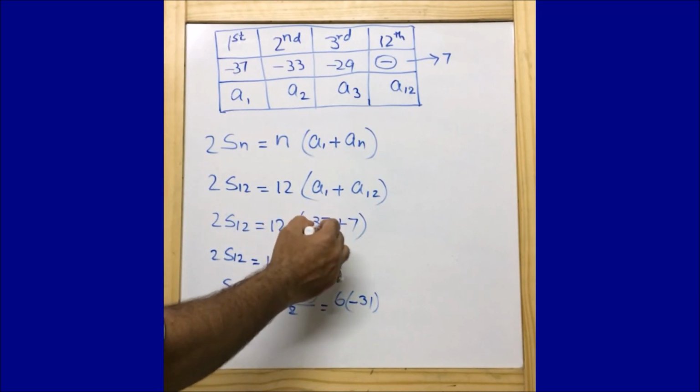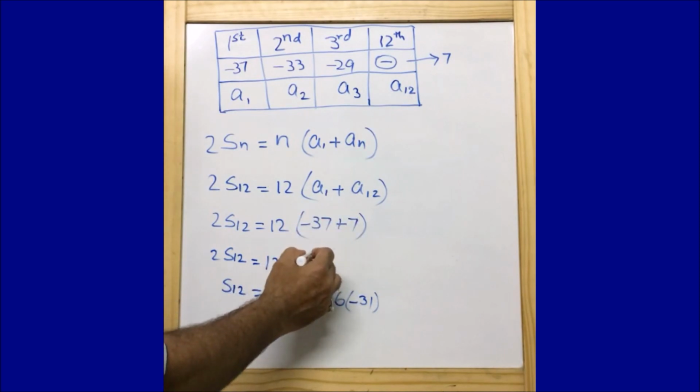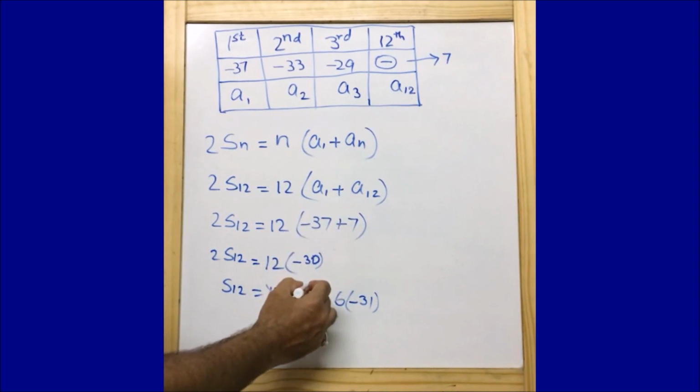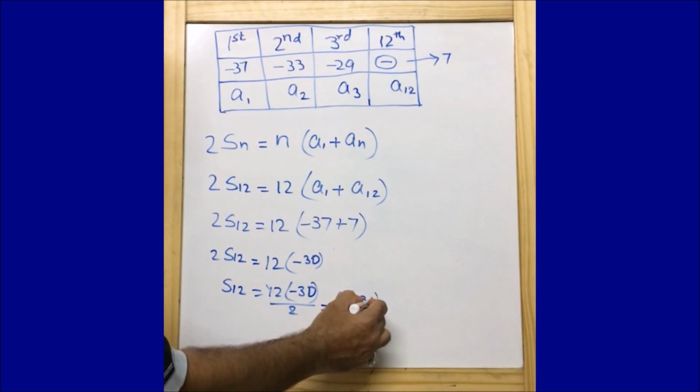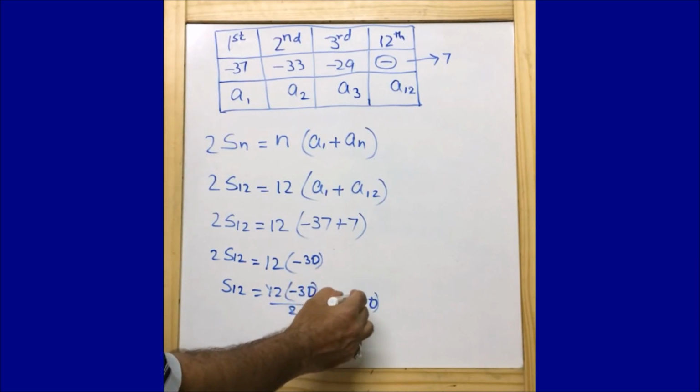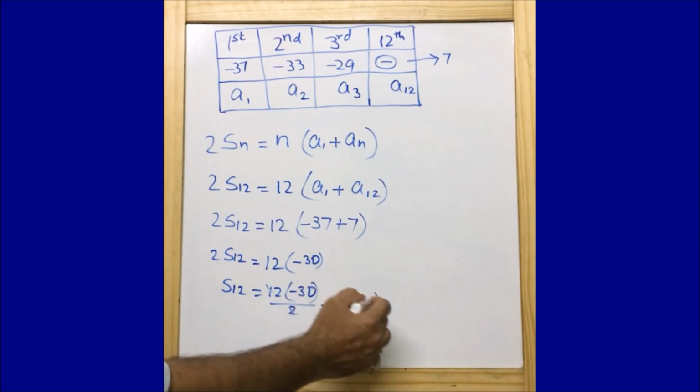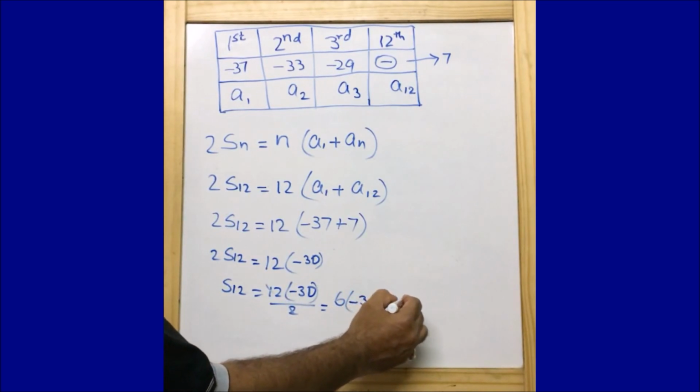Sorry guys, minus 37 plus 7 is minus 30, I made a small calculation mistake. So I can write S12 is equal to 12 into minus 30 by 2, that is 6 into minus 30. So 6 into minus 30 is nothing but minus 180.